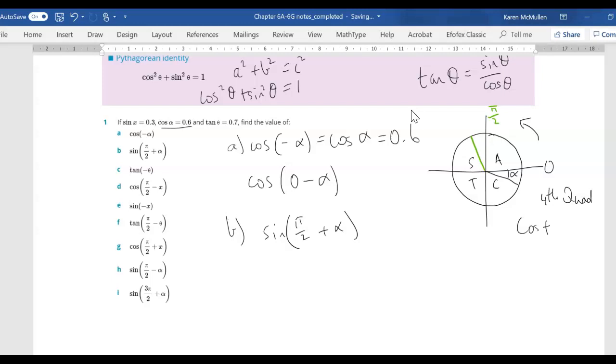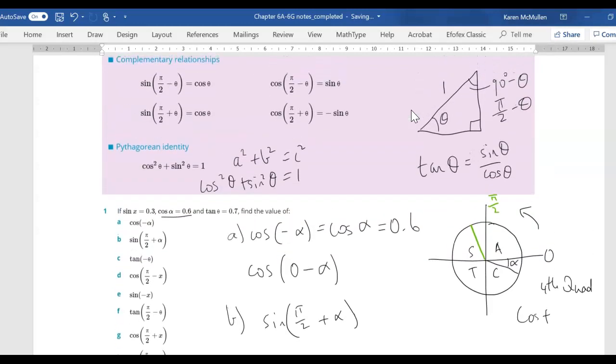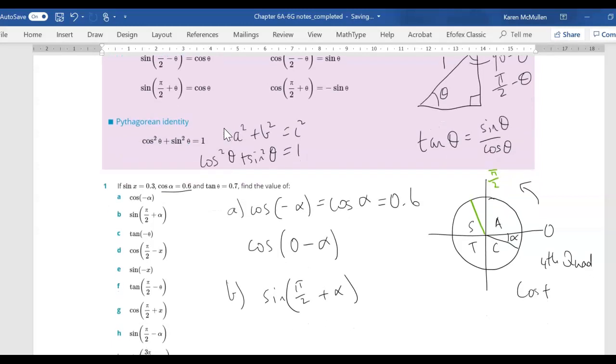If we look back up to our complementary relationships, pi on 2 plus theta, or alpha, is equal to cos alpha. So in our question, it's also going to be 0.6.